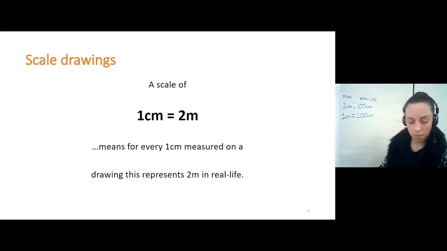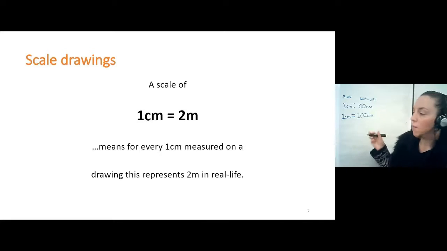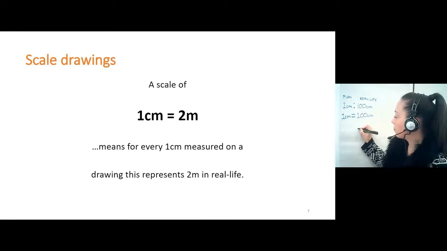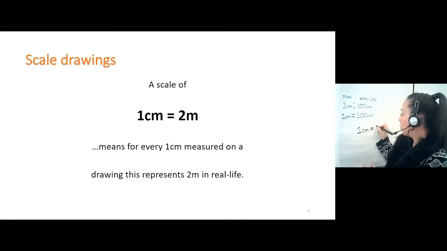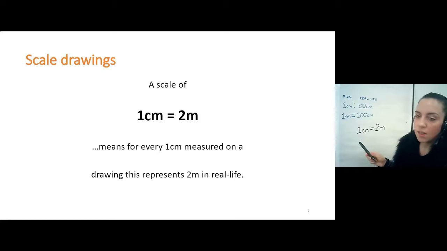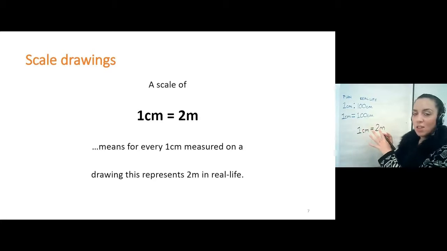So here's another one. A scale of 1 centimetre equals 2 metres means every 1 centimetre is equal to 2 metres in real life. And it doesn't tell you which side is which. It doesn't say this is real life and this is the plan.